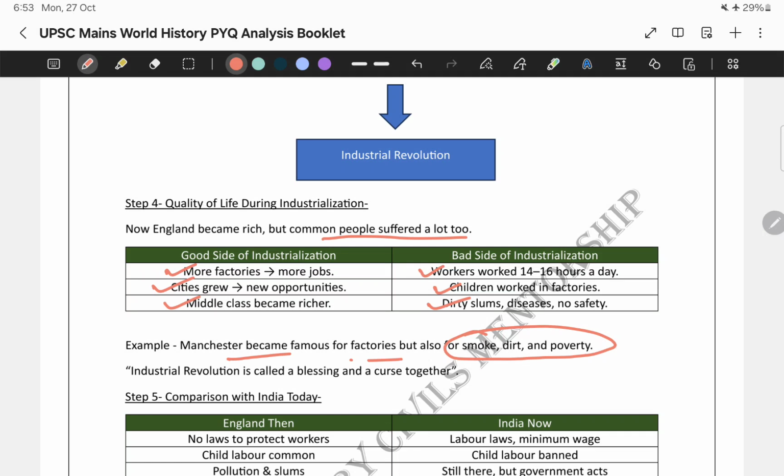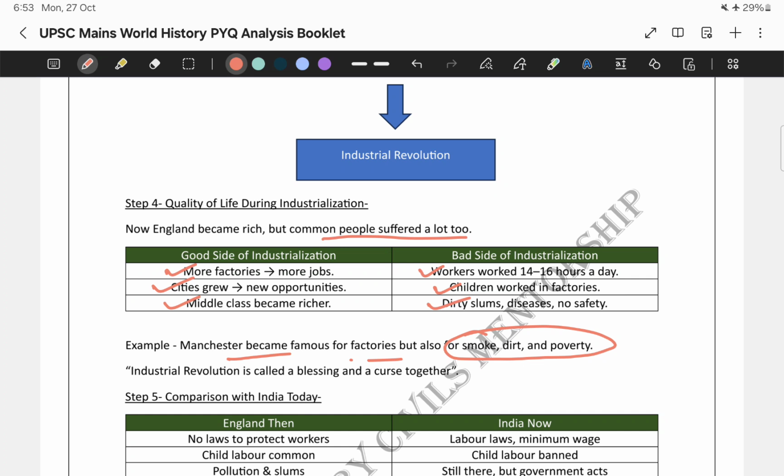We already knew that every discovery has two sides, like two sides of a coin, a bad side and a good side. The good side of industrialization was profits, cities were growing, more factories, more profits.